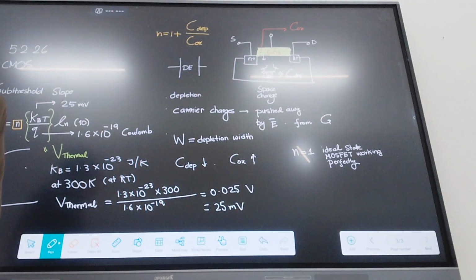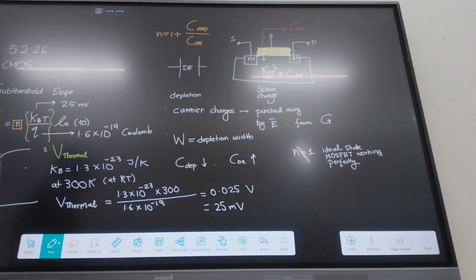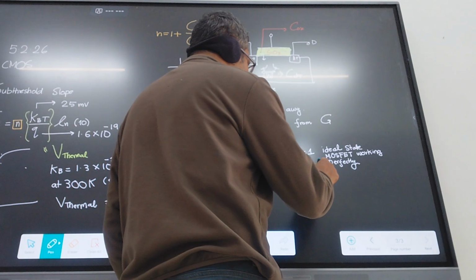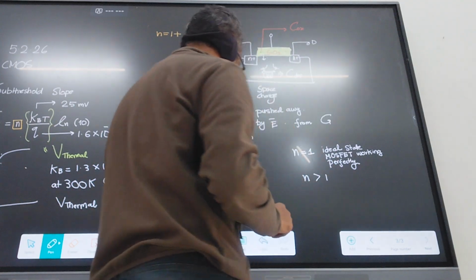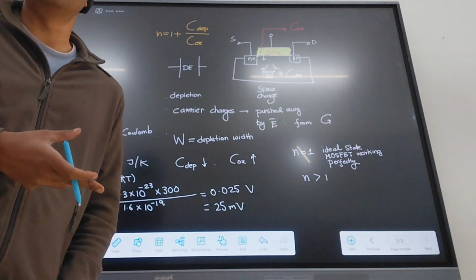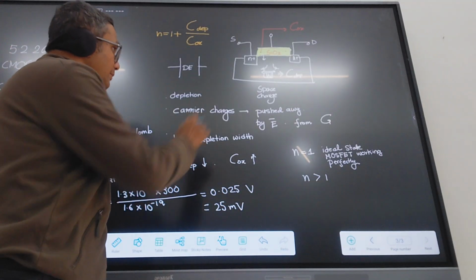MOSFET working perfectly. Okay. But if it is more than 1, that means somehow my C depletion has increased, has gone beyond, the capacitance due to the depletion region.